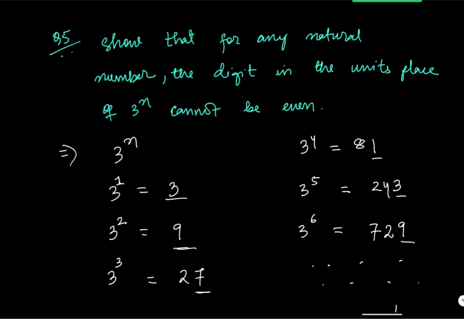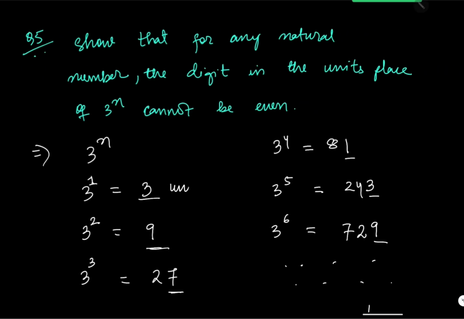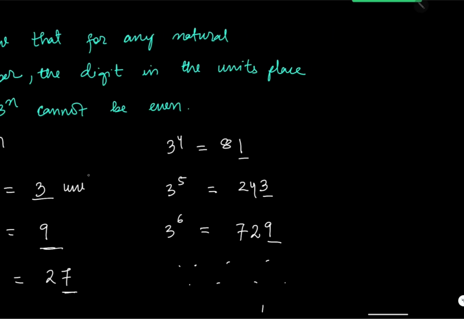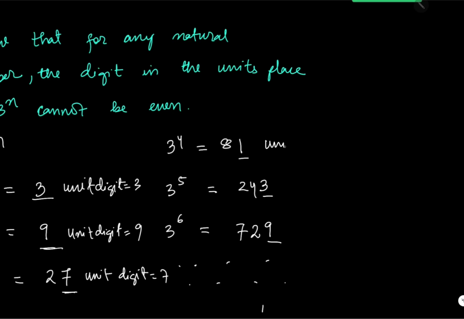Let us write here, unit digit is equal to 3. Unit digit is equal to 9. Unit digit is equal to 7. Unit digit, you can mention this in the bracket, is equal to 1.